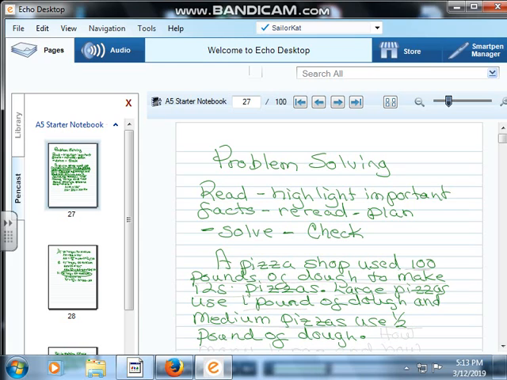The question is, what they want of the problem is how many large and how many medium pizzas are there if you're going to make 125 pizzas with 100 pounds dough.